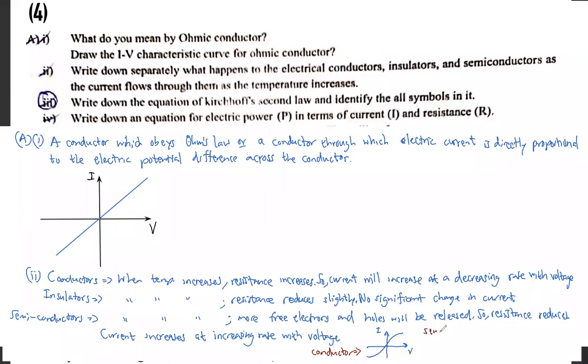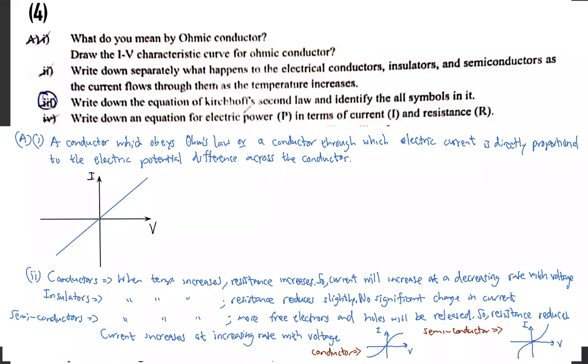But for a semiconductor, resistance reduces, so current will increase at an increasing rate. This is I versus V, because they are asking for the IV characteristic, so we put current on the y-axis and voltage on the x-axis. That is the answer for Roman 2.